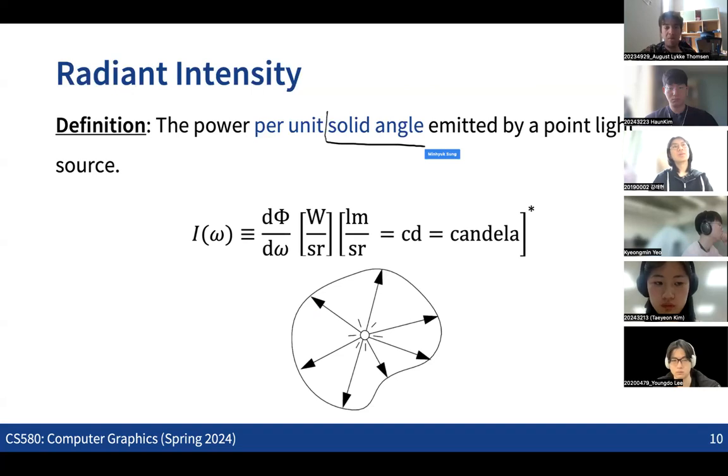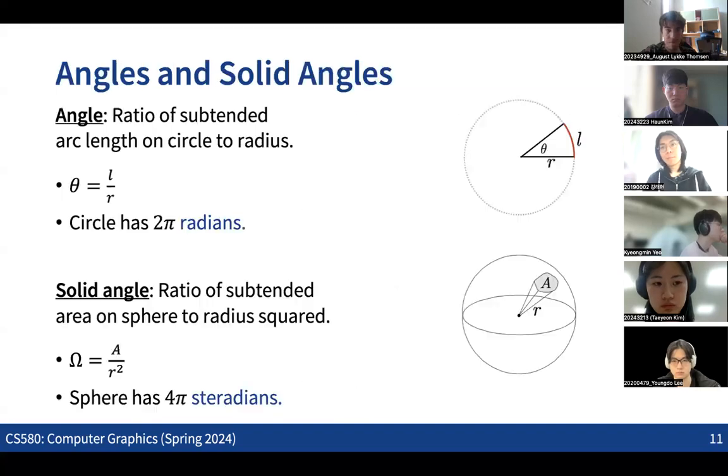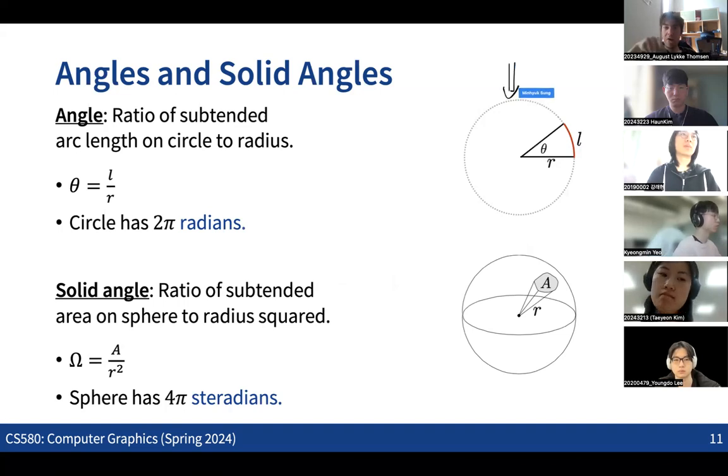We know the angle, so we are going to extend the concept of the angle into the solid angle. When you talk about the angle, it is the ratio between the length of the arc subtended by the angle and the radius of the circle. Let's think about a circle here, right?